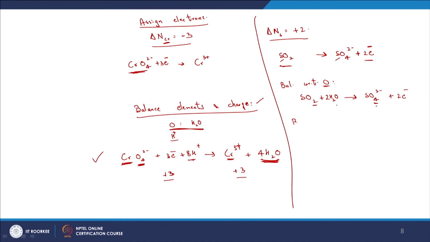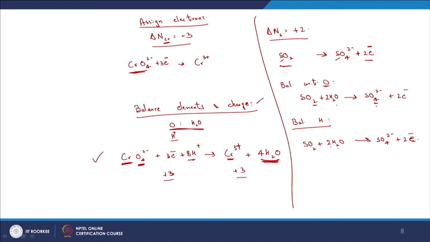And now we balance hydrogen, and how do we do that? By adding H+. So let's look at the reaction here, SO2 plus 2 H2O goes to SO4 2- plus 2 electrons. And obviously there is a mismatch with respect to hydrogen. Here I have 4 atoms and here I have none.